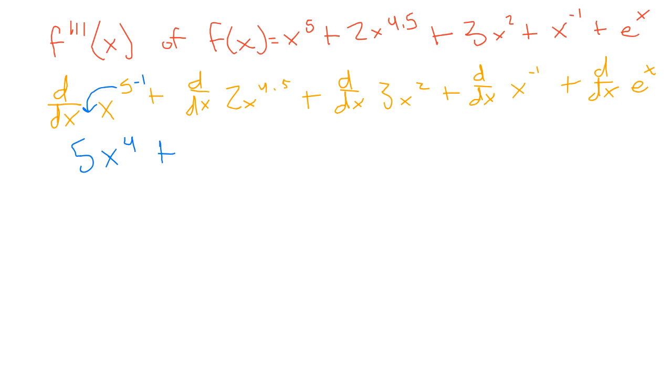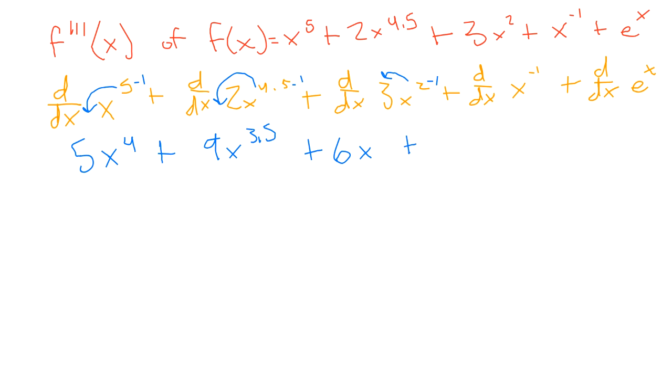Let's pull this 4.5 out in front and then subtract 1. 4.5 times 2 is 9, x to the 4.5 minus 1 is 3.5. Plus, we pull this 2 out in front to get 6x, since 2 minus 1 is just 1.